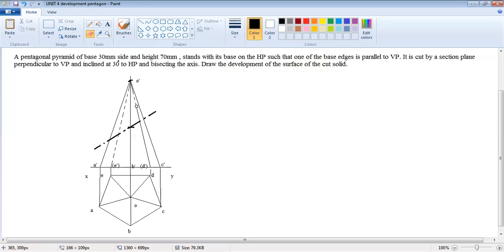We have to mark it like this. So these are the cutting points on the pentagon. First of all, we mark the visible edges, then we move to the invisible edges.